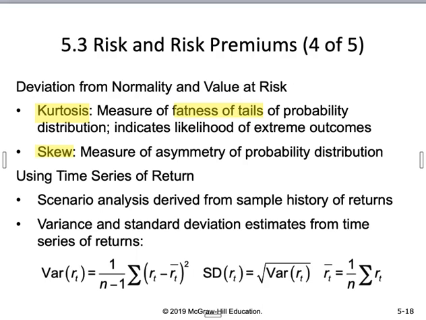So if the tails are fatter, like the black swans I just talked about, then we would say we have positive kurtosis.